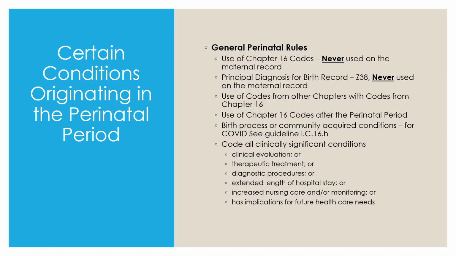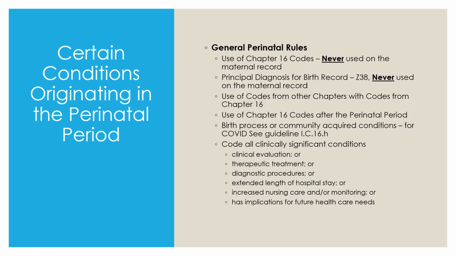A code from category Z38 is assigned only once to a newborn at the time of birth. If a newborn is transferred to another institution, a code from category Z38 should not be used at the receiving hospital. A code from category Z38 is used only on the newborn record and not on the mother's record.